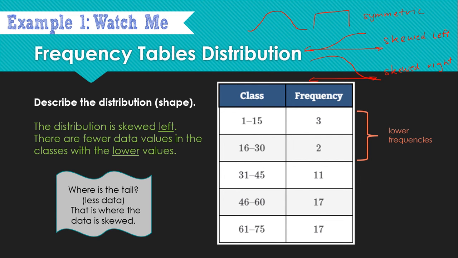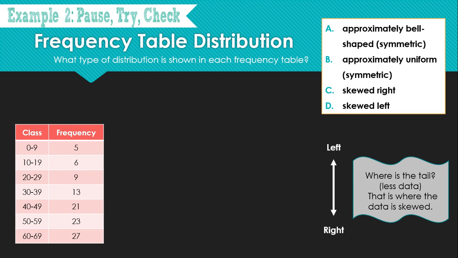There are fewer data values in the classes with the lower values. Some people find it helpful to pick up your frequency table and rotate it to give a visual of what a histogram would look like. So where is the tail? That's where the less data is going to occur, and that's where the data is skewed. So since we have less data at the front end, that would be skewed left.